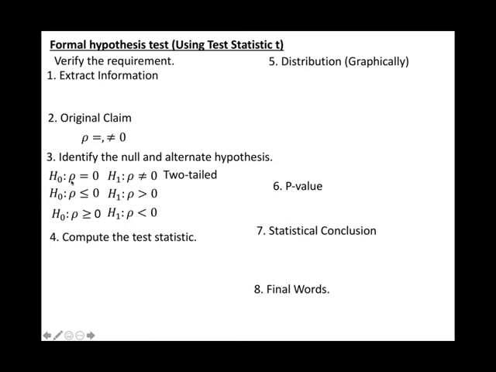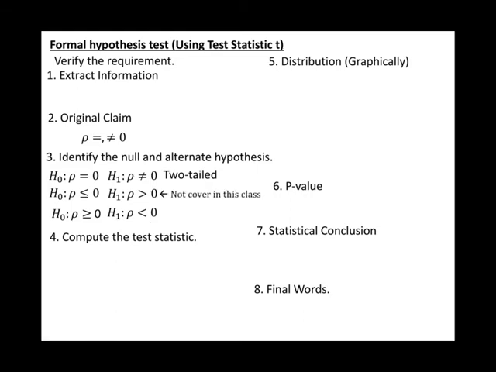Rho equal to 0. Remember when R equal to 0, we say there is no linear correlation. If R not equal to 0, that means there is a linear correlation. And for this one, when your R greater than 0, it means there is a positive linear correlation. When your R strictly less than 0, it means there is a negative linear correlation.